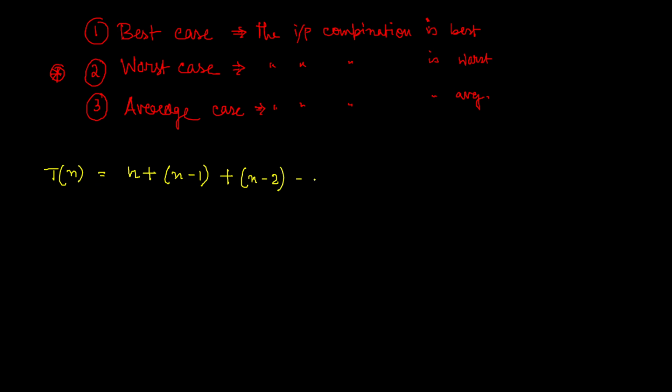For i equal to 4, we will have n minus 3 comparisons. In this way the term is becoming lower and lower: n minus 3, n minus 4. In this way, a time will come when it becomes 4 plus 3 plus 2 plus 1, like this. Am I clear?